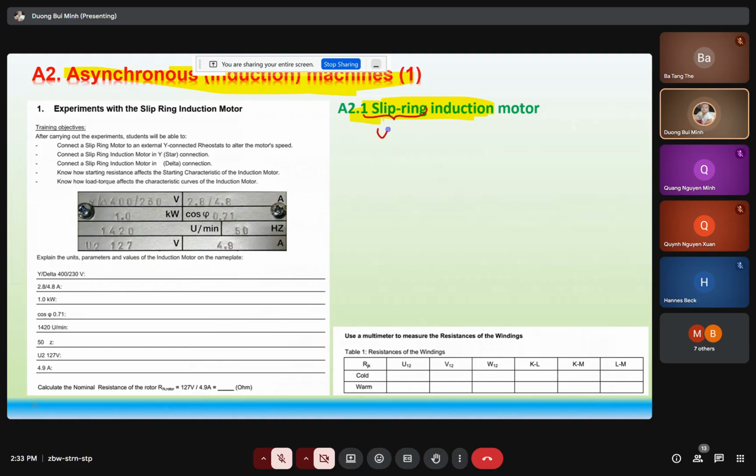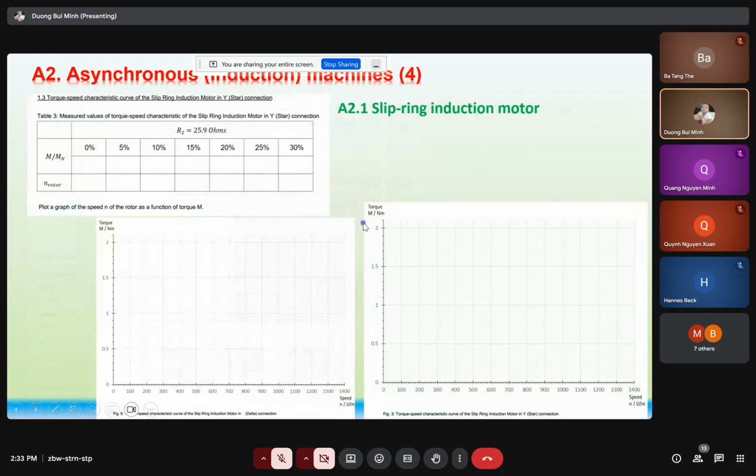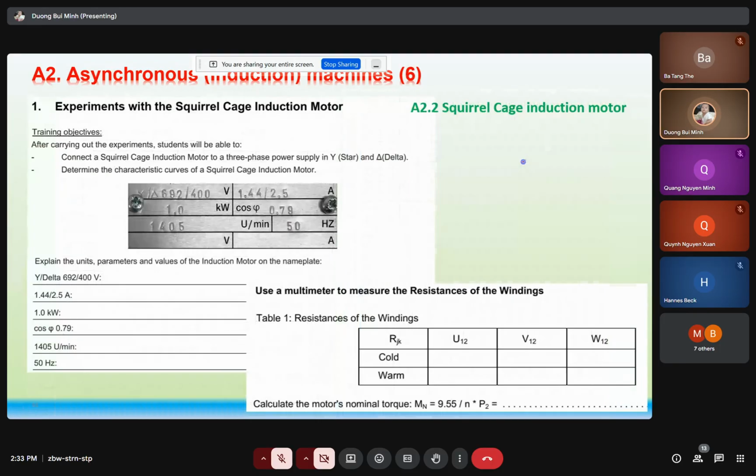Sometimes we say slip ring, sometimes we use wound rotor induction motors. And the second one, of course, is the squirrel cage induction motor. Yeah, please review it. Okay, this is for slip ring and squirrel cage induction motors.